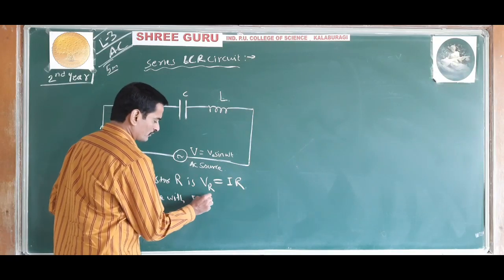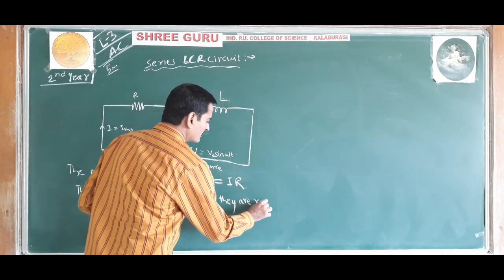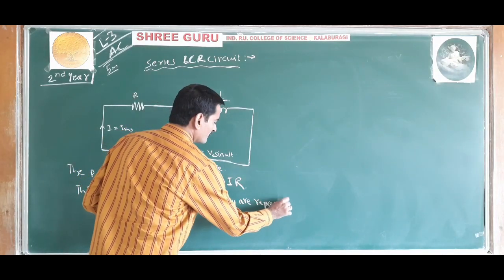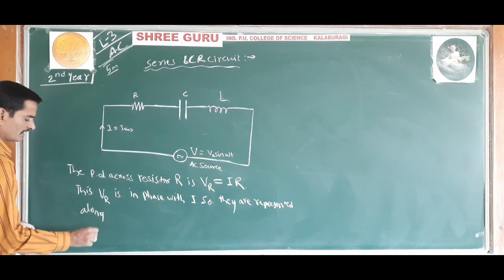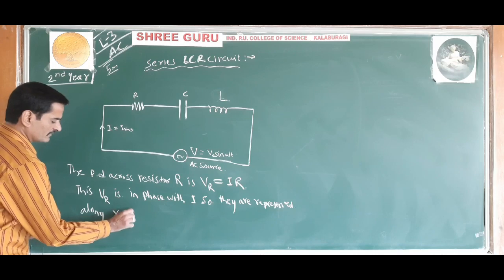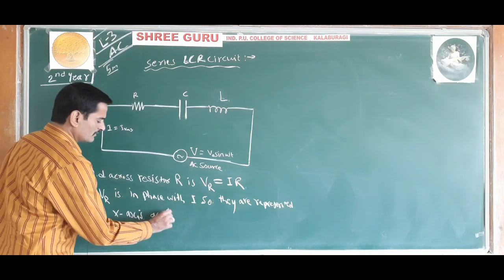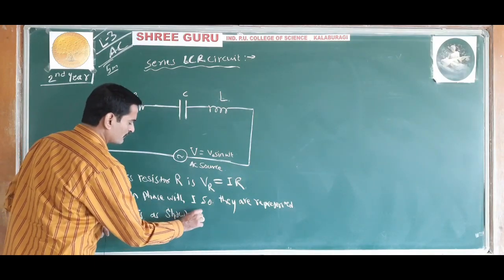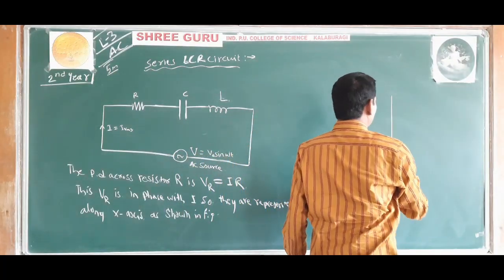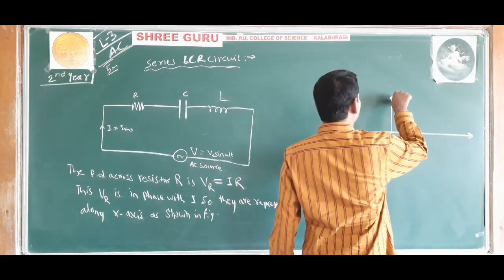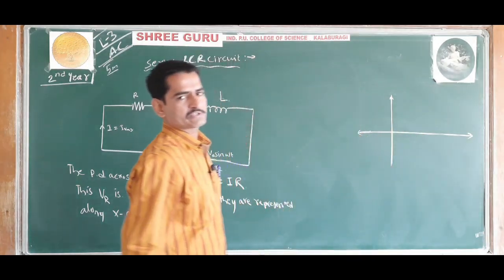So they are represented along only one line, the x axis, as shown in the figure. I am drawing the graph as the derivation progresses.